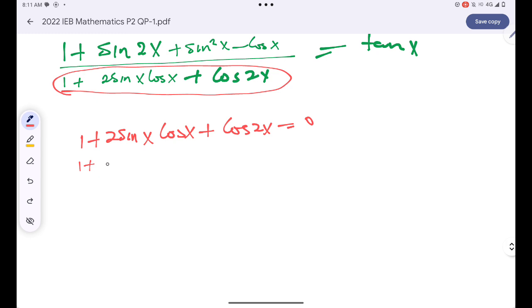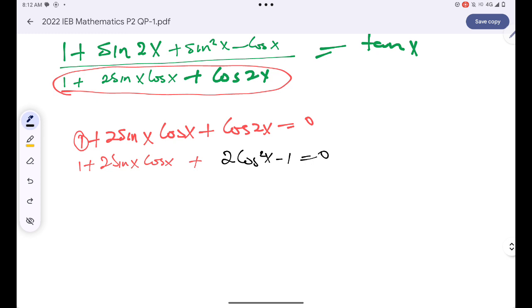I have 1 plus 2 sine x cos x plus, remember that whenever I have a 1 there, I'm supposed to change the double angle for cos with the expansion that will eliminate the 1 there in front. So I'll simply choose 2 cos squared x minus 1 equal to 0.